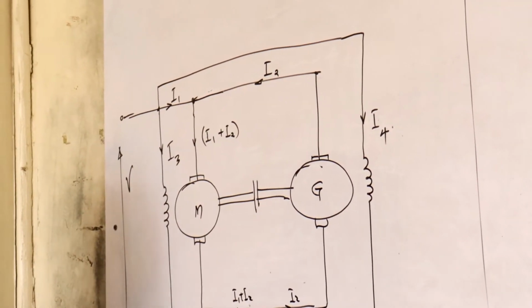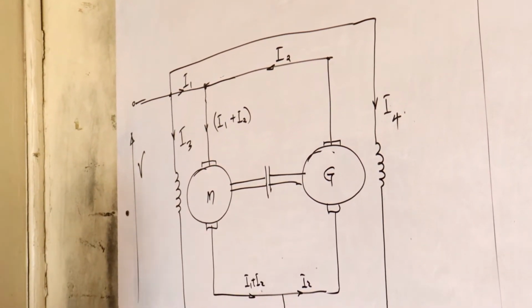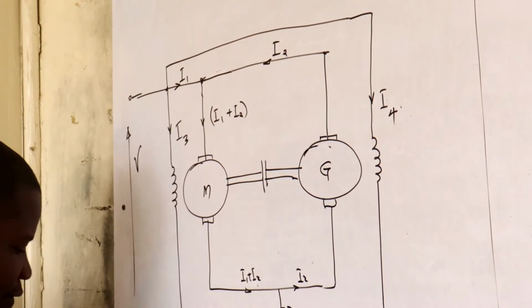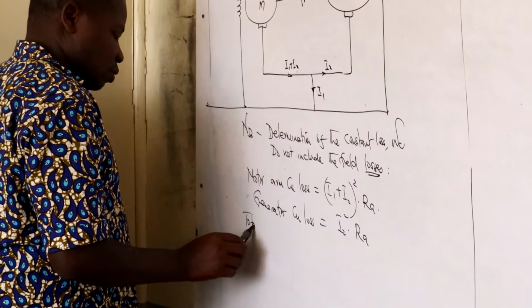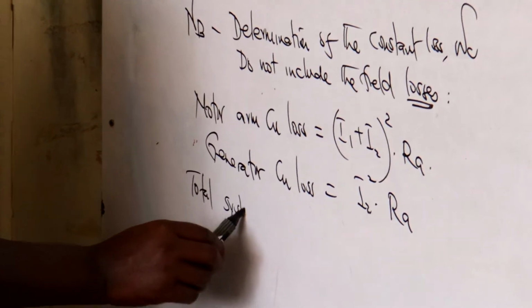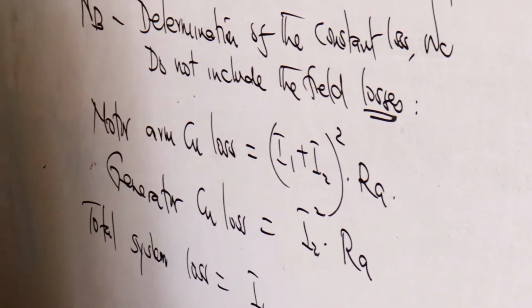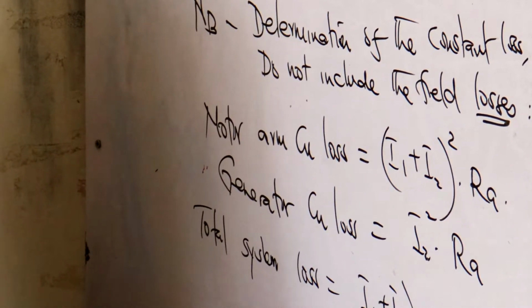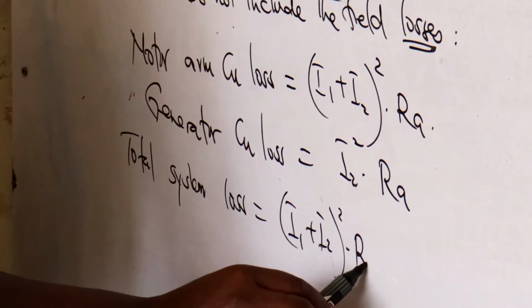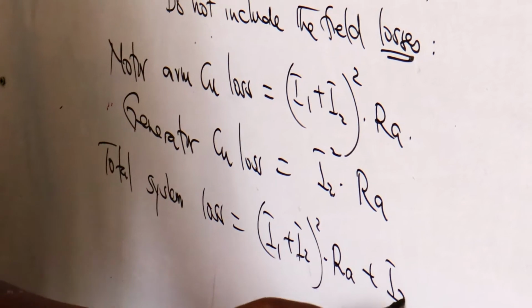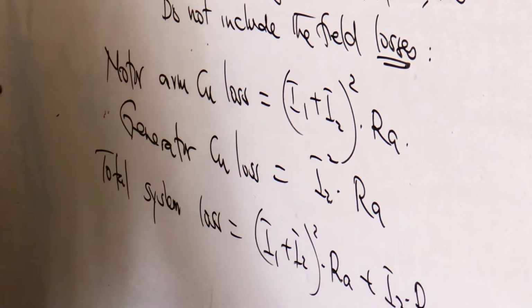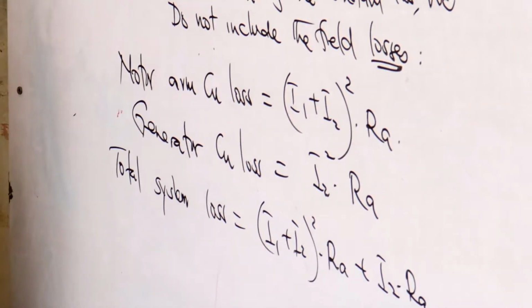Therefore, the total system loss at this point will be (I1 plus I2) squared R plus I2 squared R. What is the system input?